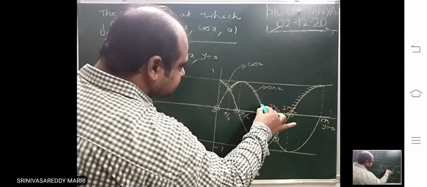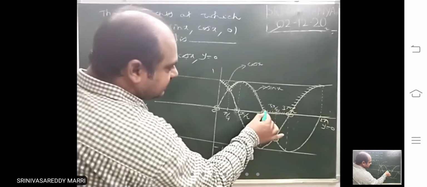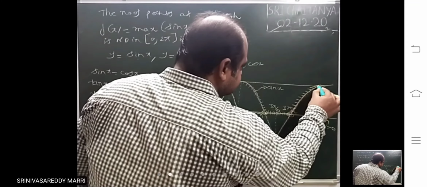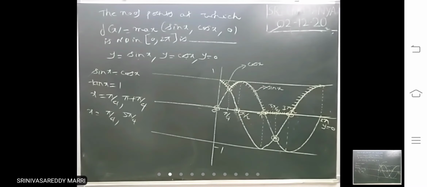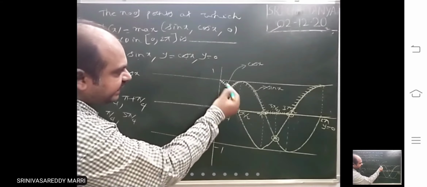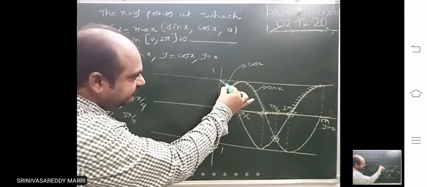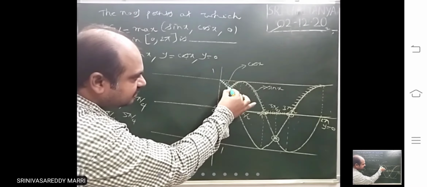If you look at where the graph is changing its rule, till here what is the rule? Cos x. Where the rule changes, I am writing. The graph changes at x equal to pi by 4. This was cos x, now became sin x.